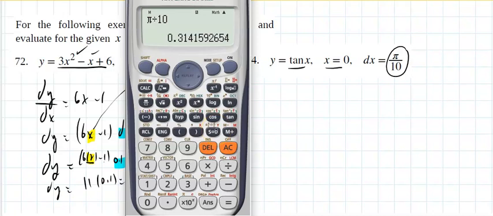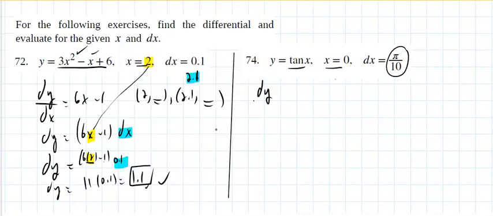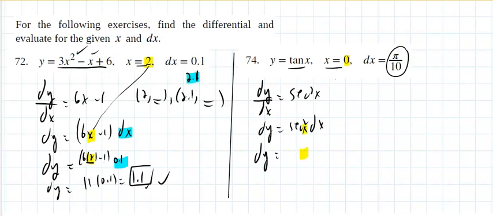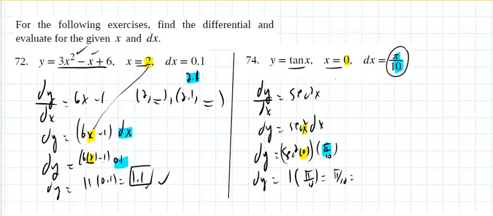Well, if I take this and say, well, dy/dx is the secant squared of x, dy is the secant squared of x dx, and the change of y would be simply, again, put 0 in. Secant of 0 is 1 times pi over 10, which is roughly pi over 10. And we just got that answer.